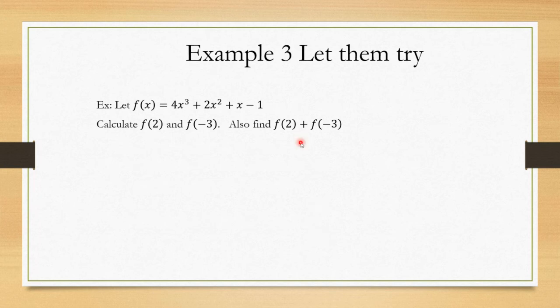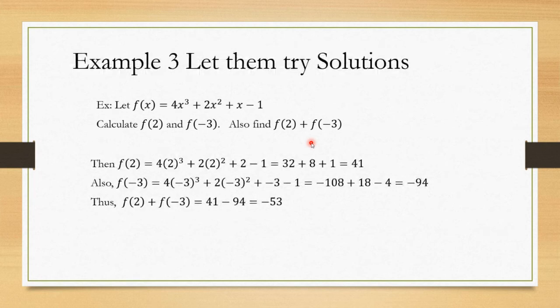All right, this one I was going to let everyone try. Let's just do it together, mostly because I want to get to the worksheet I emailed. So for this one, we have f of 2 and f of minus 3. Then you calculate the sum. It's the same thing. You have f of 2. You just replace x by 2 in this. So we have 4 times 2 cubed plus 2 times 2 squared plus 2 minus 1, which is 41.